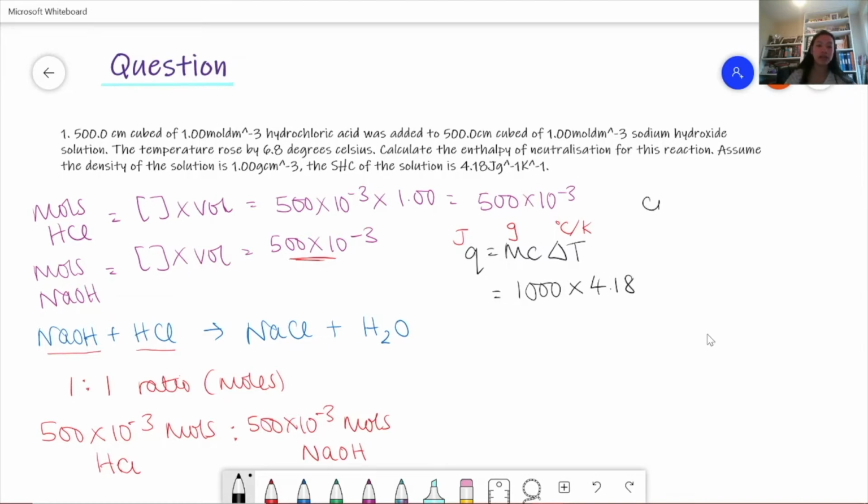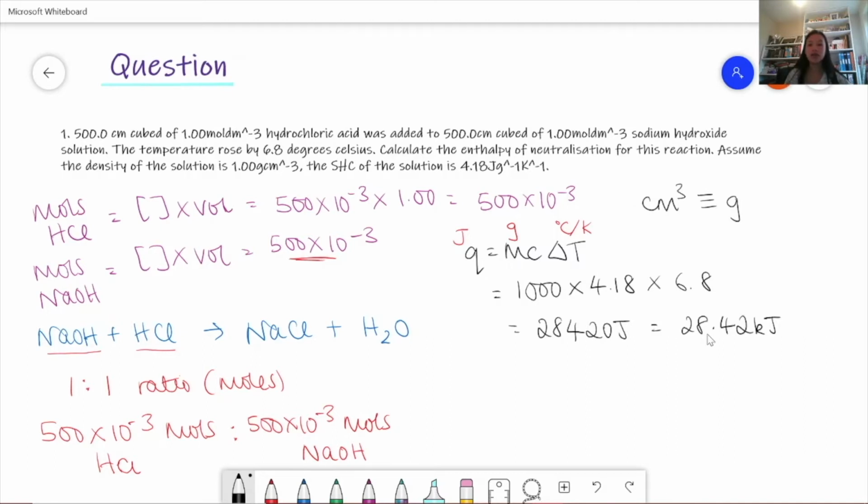And also a centimeter cubed is equivalent to a gram. And then you times that by the 6.8 degrees rise. So for that, you should get 28,420 joules, which is equivalent to 28.42 kilojoules. So that's the heat energy that's been given out.